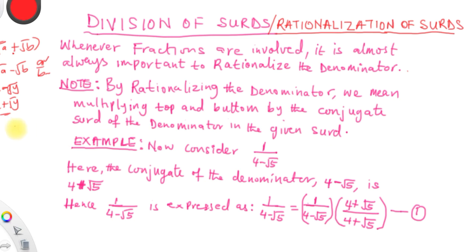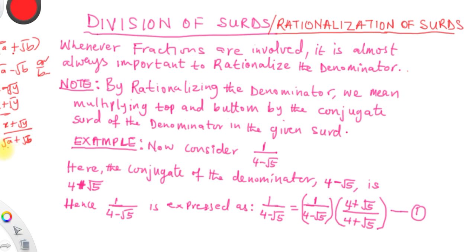So if you are given any surd, let's say square root of x plus square root of y over square root of a plus square root of b, and you want to simplify this fractional surd, or find the division of this surd, what you have to do is multiply this given surd by the conjugate of the denominator.